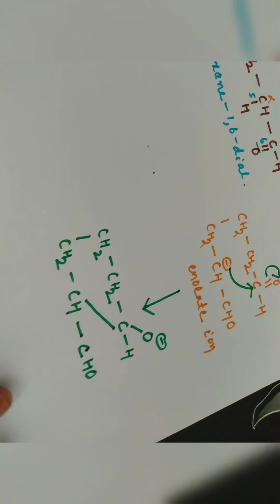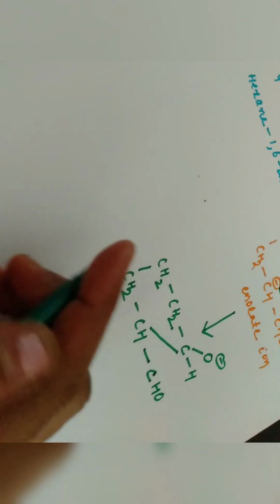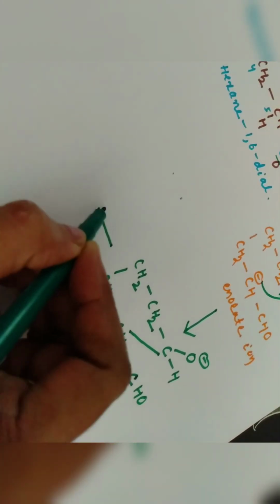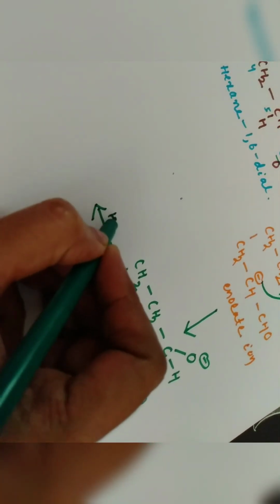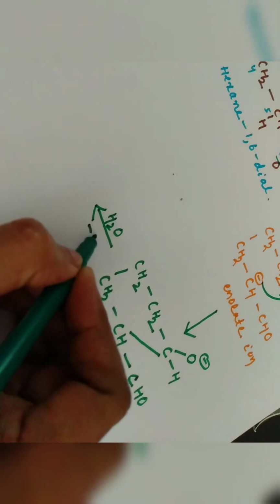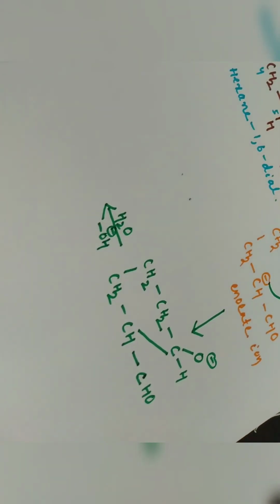Okay. Now after the formation of this compound, when it is treated with a water molecule, it will take a proton, H plus ion, from H2O to form OH minus.